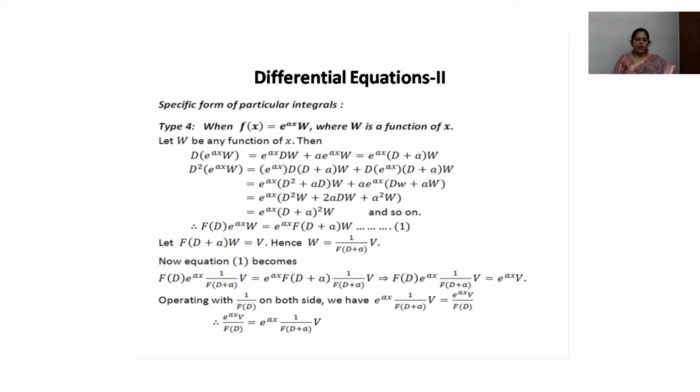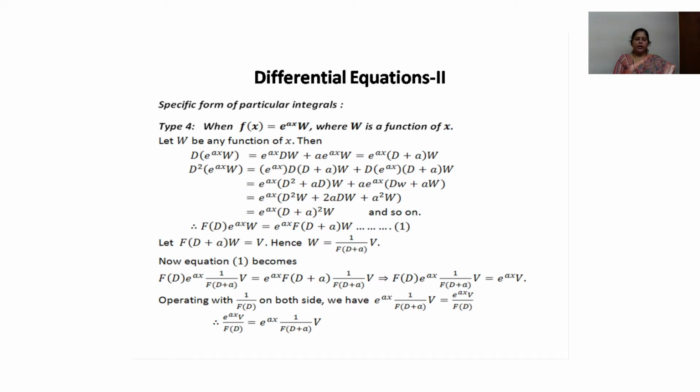Now equation 1 becomes f of D into e to the power ax into 1 by f of D plus a into v is equal to e to the power ax into f of D plus a into 1 over f of D plus a into v. That implies f of D into e to the power ax into 1 over f of D plus a into v is equal to e to the power ax into v.